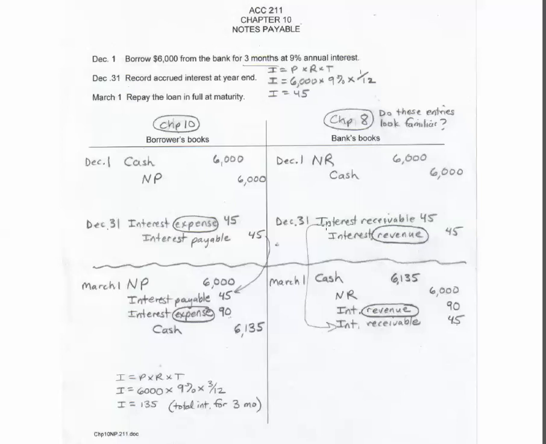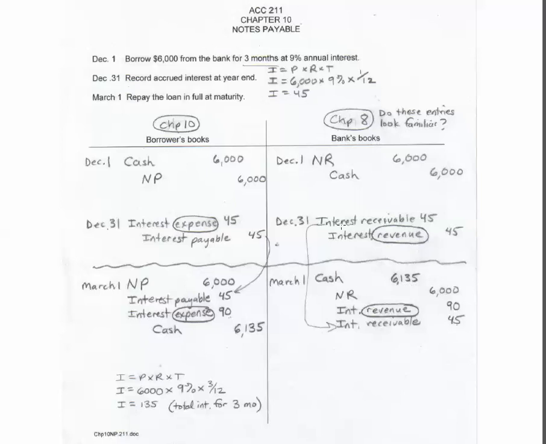So that would be interest receivable and interest revenue. Remember that with simple interest notes, nothing is repaid until the maturity date. So on March 1st, when the note matures, the bank is going to be collecting all the principal and all the interest. So 3 months of interest would be an additional $135.